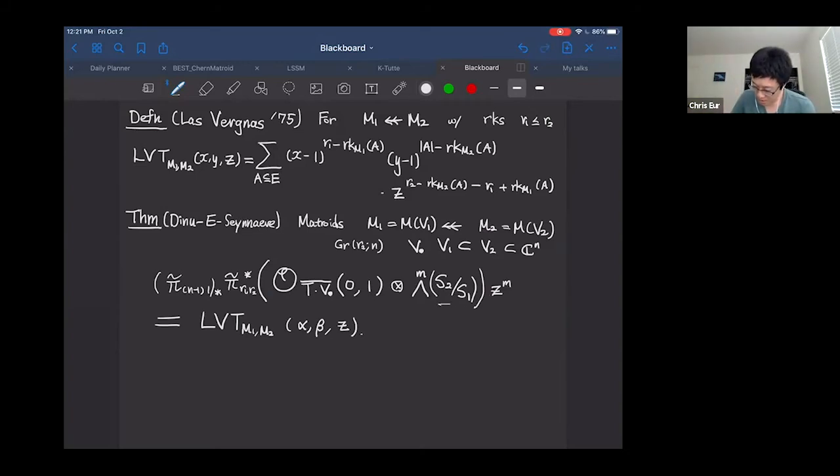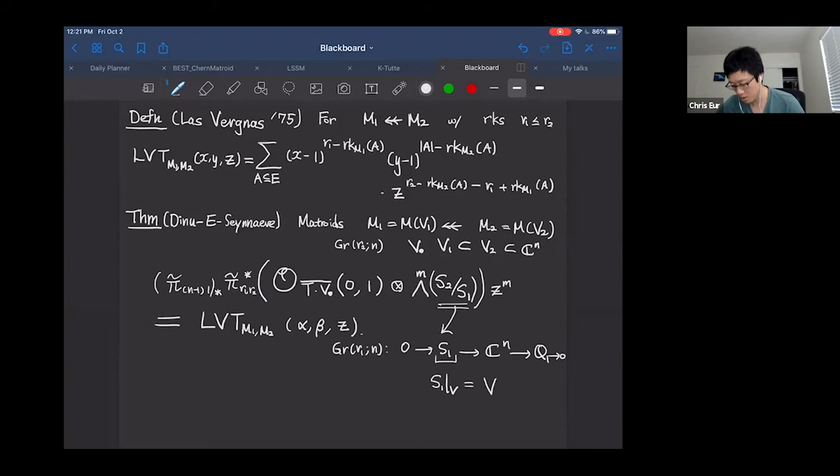Now, I haven't really told you what this thing is yet. It's not too important, but these come from the two tautological bundles. So on the Grassmannian R1,n, there's a tautological subbundle S1, where if I'm looking at a point, let's say V on the Grassmannian, the fiber over that is that vector space V. So that's the tautological bundle.